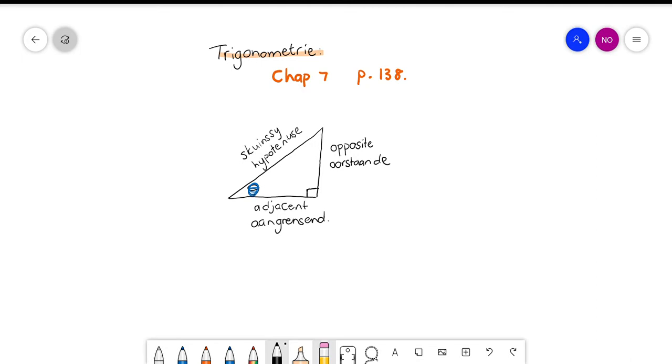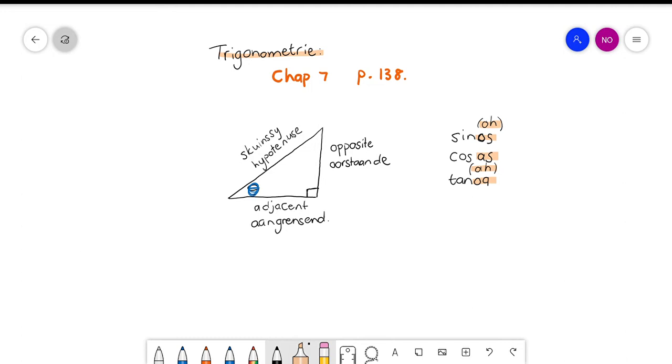Okay, so ek weet nie hoe julle dit laas jaar geleer het nie. The ones in brackets are the English ones.